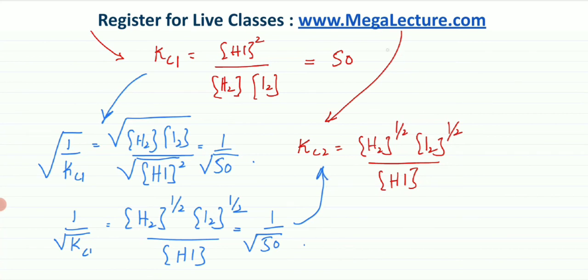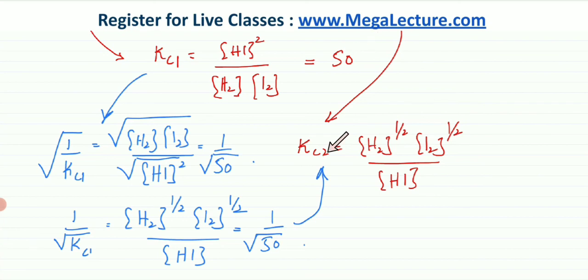So what I've done is that I've turned Kc1 into Kc2, and to do that, I had to do two things. I had to turn it upside down. The numerator became the denominator, so it became 1 over Kc1. And the other thing that I had to do was underroot it. So I did everything to 50 as well.